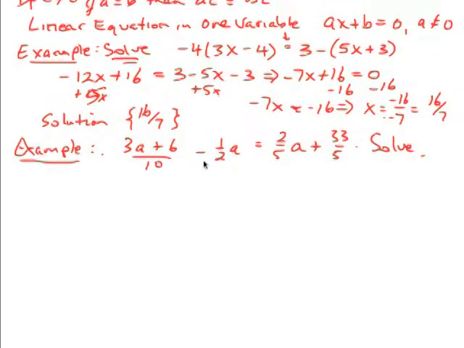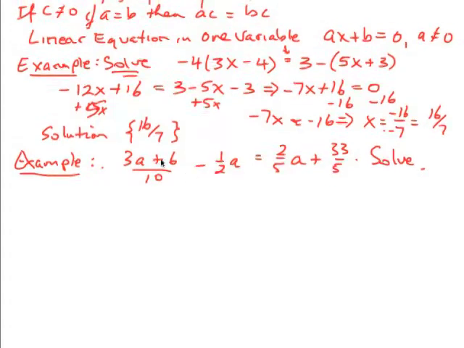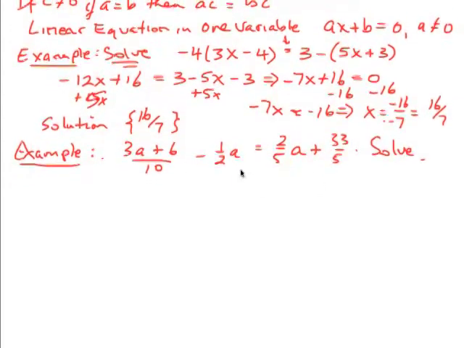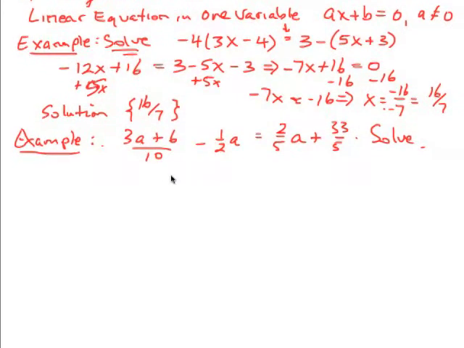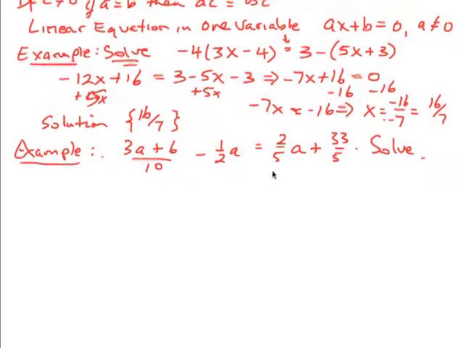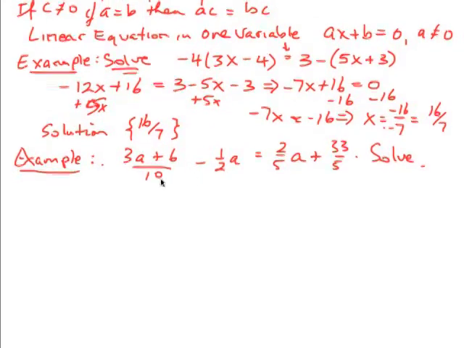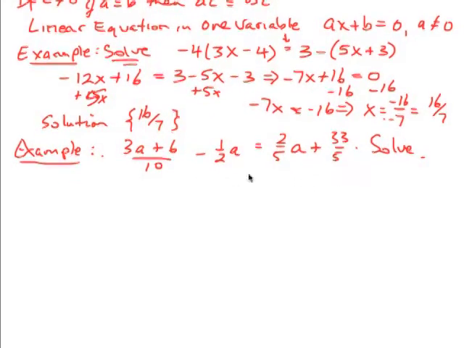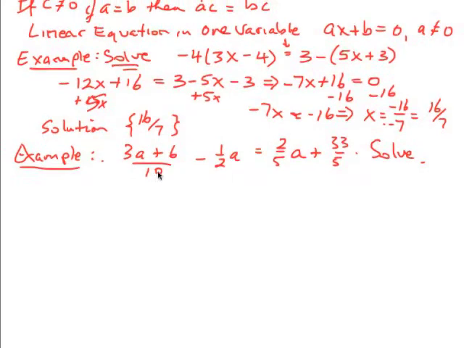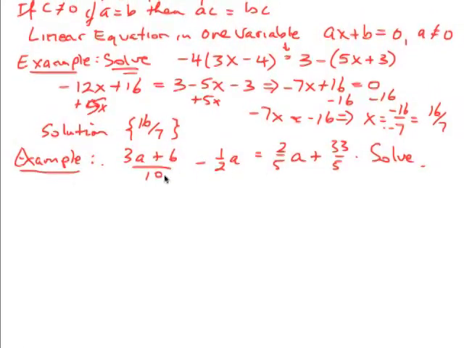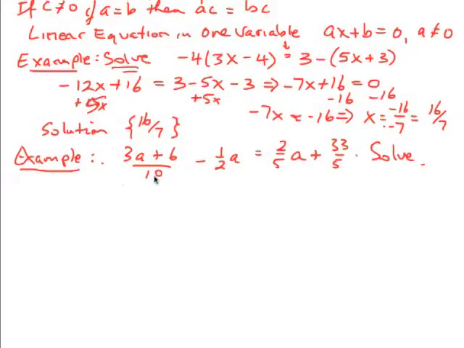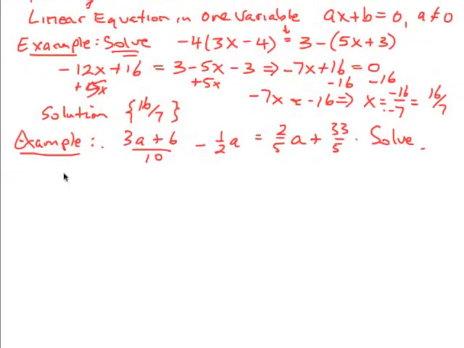Notice that we have fractions here, and of course we can only add things that have the same denominator. There are several ways to do this. The simplest way is to look for a least common denominator, in other words, the smallest number that all of these denominators will go into. We notice that 10 doesn't go into 2, 5 or 5, but certainly 2 goes into 10 and 5 goes into 10, so 10 looks like a good choice.